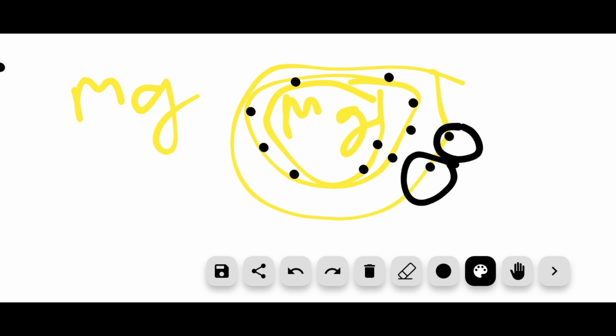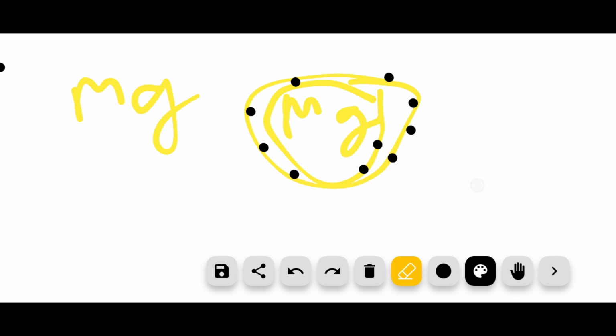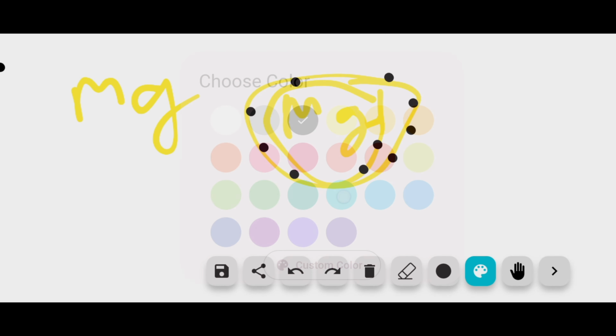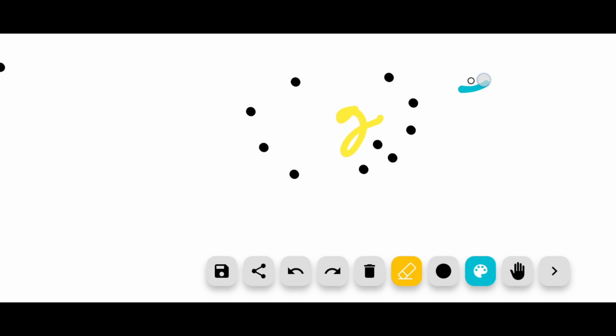Now if these two electrons leave the outermost shell, then magnesium's outermost orbit becomes the 8-electron orbit and it becomes stable. So if we remove these and the outermost orbit gets removed, it becomes Mg2 plus. These two electrons are removed.